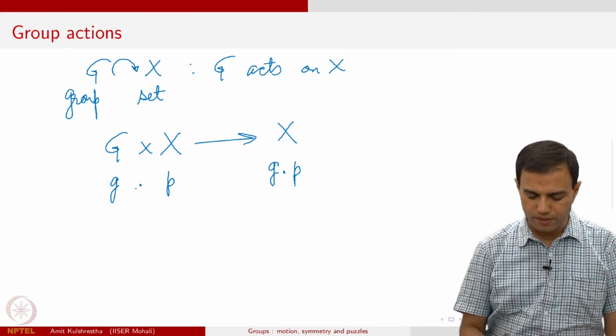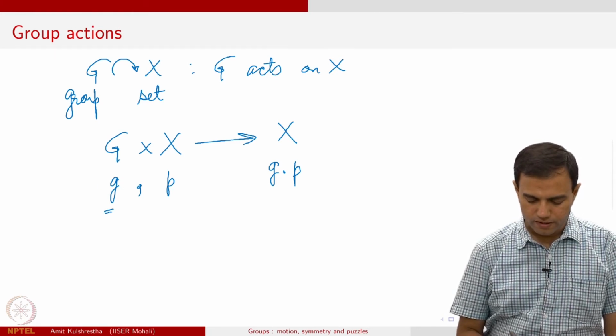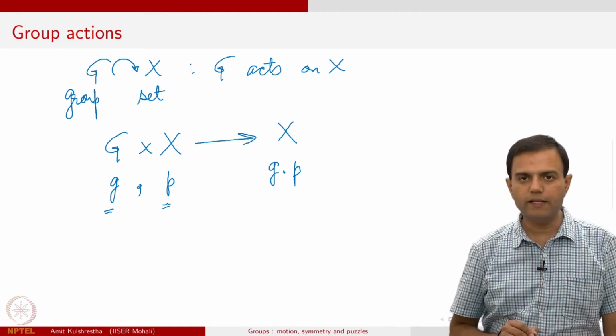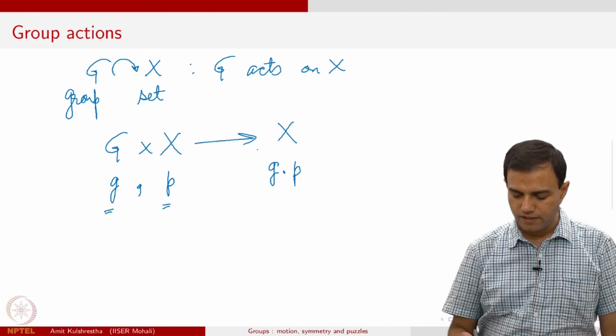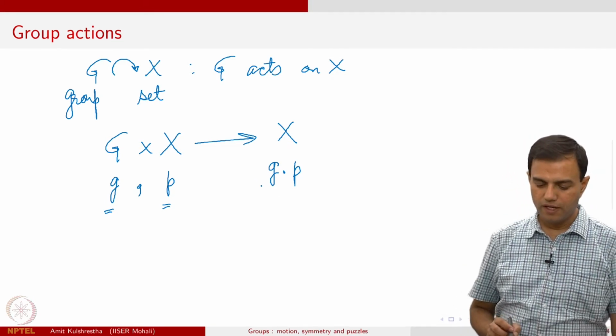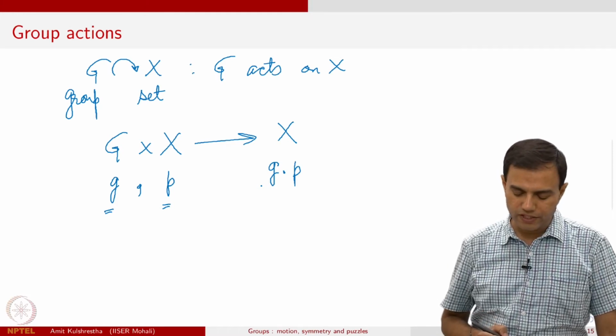So, I pick some element from the group, pick an element from the set, and it goes to some other element of the set. There should be certain axioms which have to be satisfied before we call it an action.